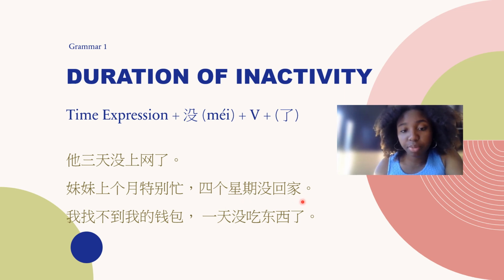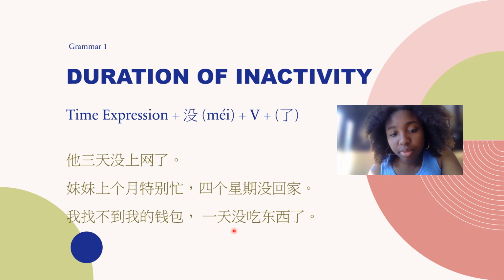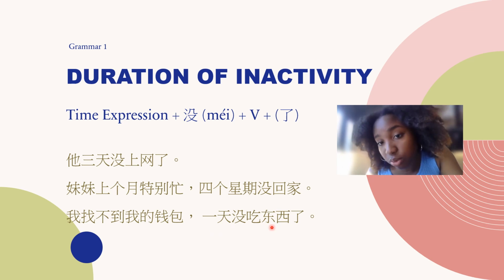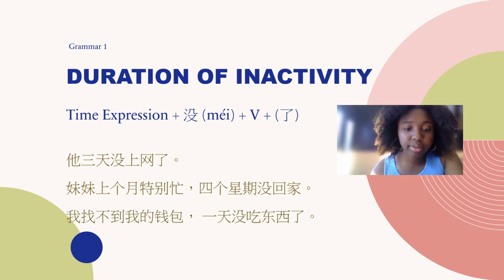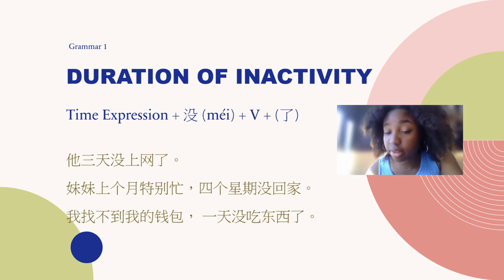She did not go home in 4 weeks because she is so busy. 第三个，我找不到我的钱包，1天没吃东西了，真很糟糕，真惨。1天 for a day 没吃东西了。So it's not like 1天没吃了东西了, like 1天没吃东西。Direct. Food has not been eaten in a day. It's late so far.